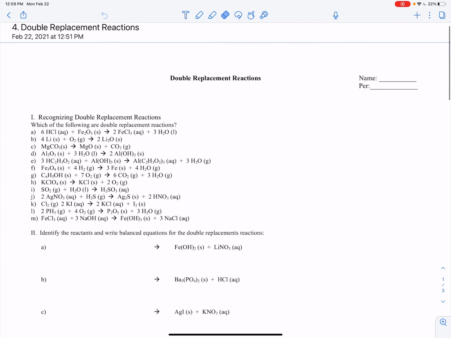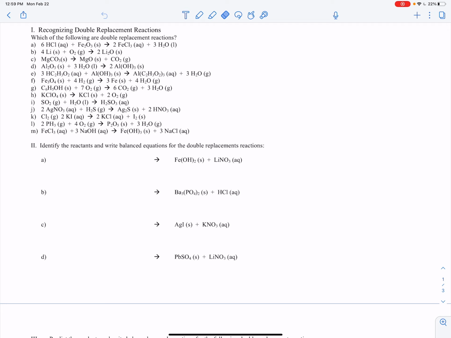In the second worksheet, I just want to show you one of these, and that's 2A. It says identify the reactants and write the balanced equation. So we just figured out what the products were. What about figuring out what the reactants are? Well, it's kind of the reverse process, right? So you just swap partners once again.